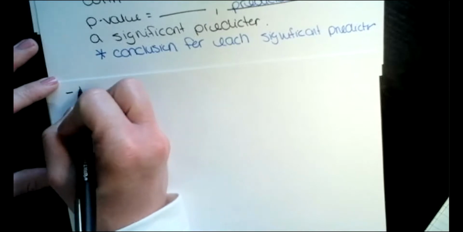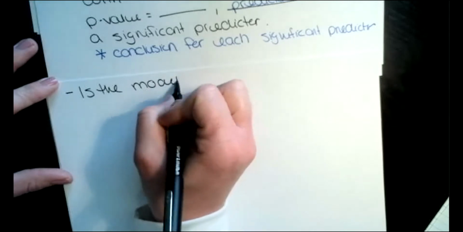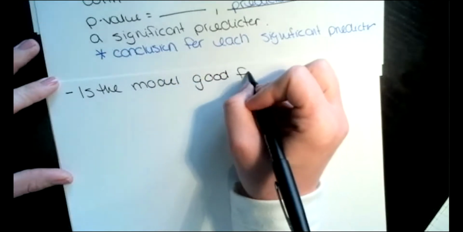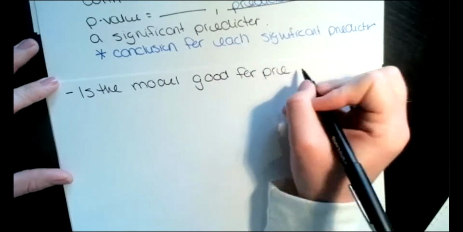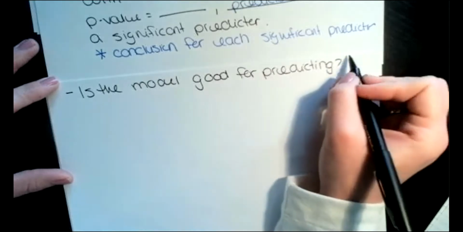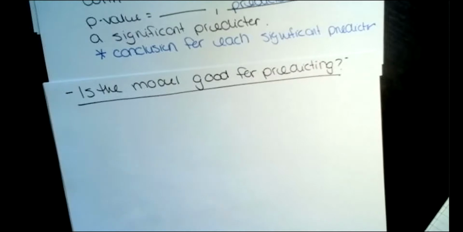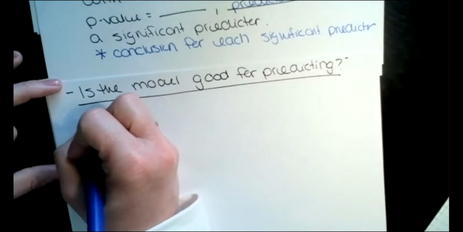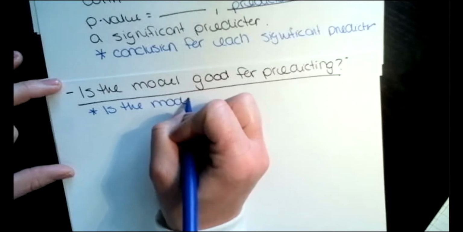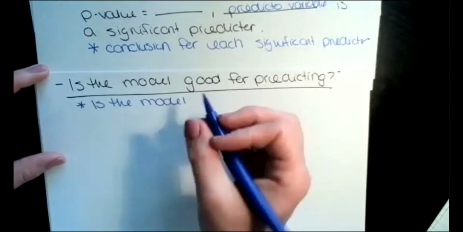We want to know, is the model good for predicting? And we call this practically useful. This is like the easy way out, and this is studying our R squared.